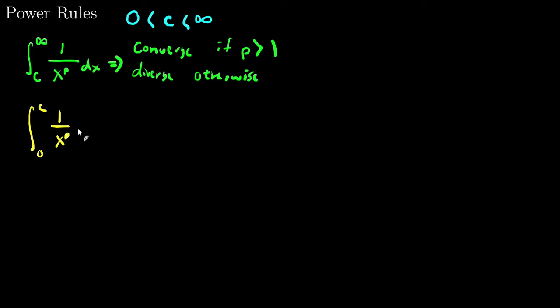So these are the two possible cases for improper integrals for these types of power functions. And this is sort of a flip around. So this will converge if p is less than 1 and diverge otherwise.